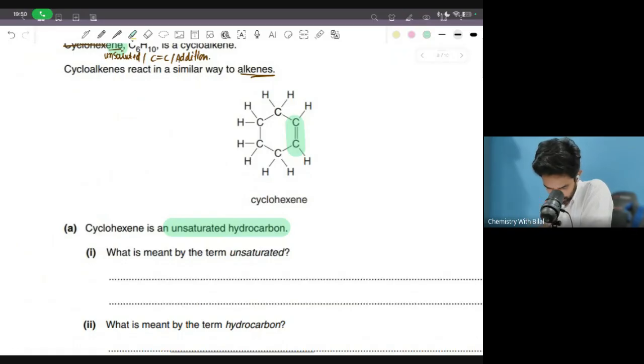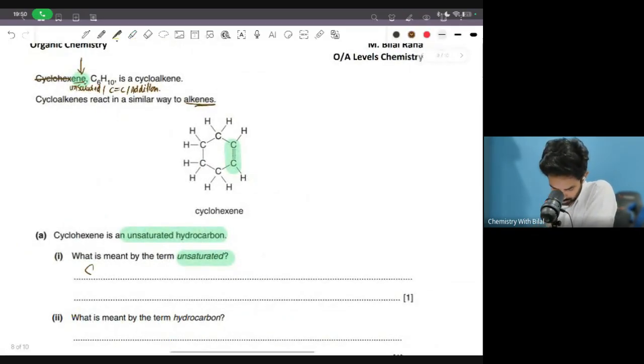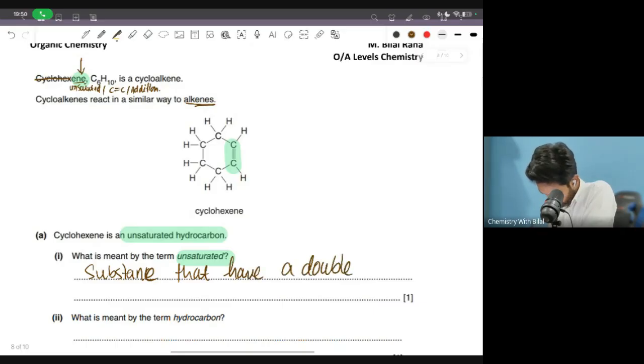हमने पहले decide कर लिया था. What is meant by unsaturated? So a substance या molecule that has a double covalent bond between carbon atoms.